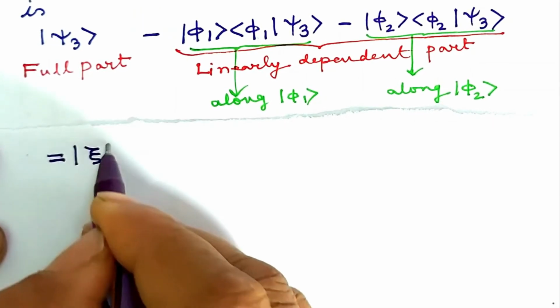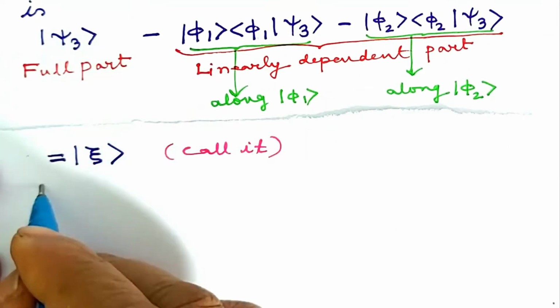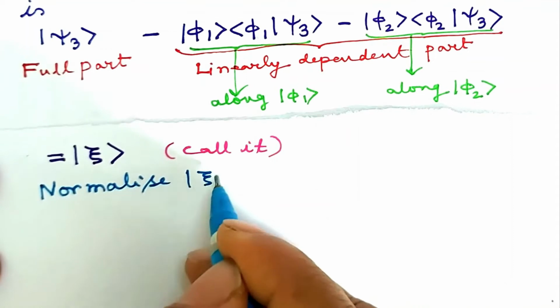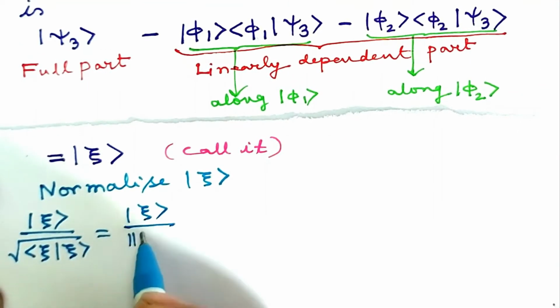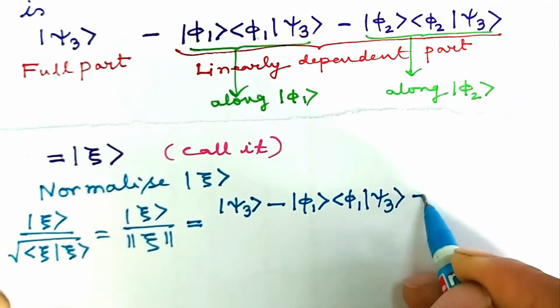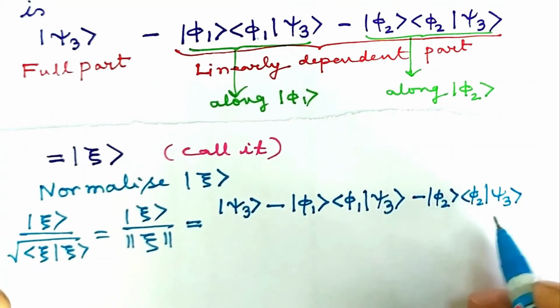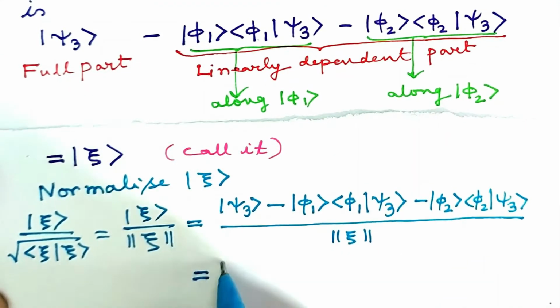Let this be ket psi. Call it so. Normalize ket psi: ket psi divided by the norm of ket psi. Put the value of ket psi, divided by the norm of ket psi. Let it be ket phi 3.